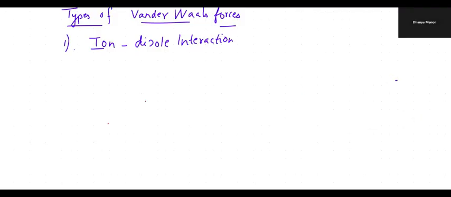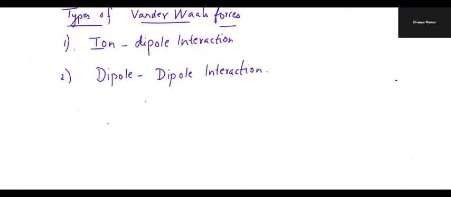So I have the next type, which is called dipole-dipole interaction. Dipole means polar.